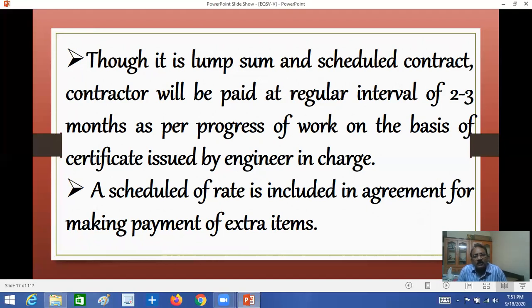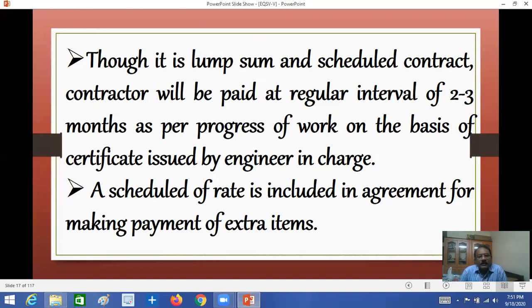Though it is a lump sum and scheduled contract, the contractor will not be paid in advance, right. Every 2 to 3 months, the owner or engineer in charge for any department will submit the progress of work and issue a certificate.